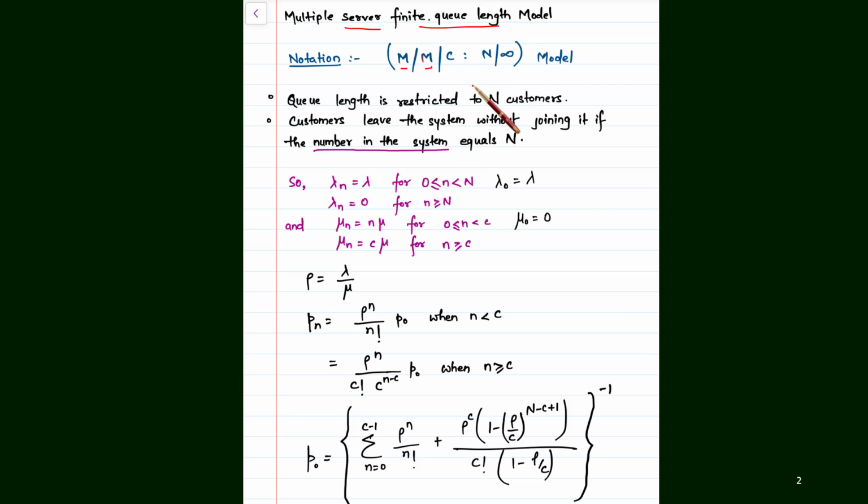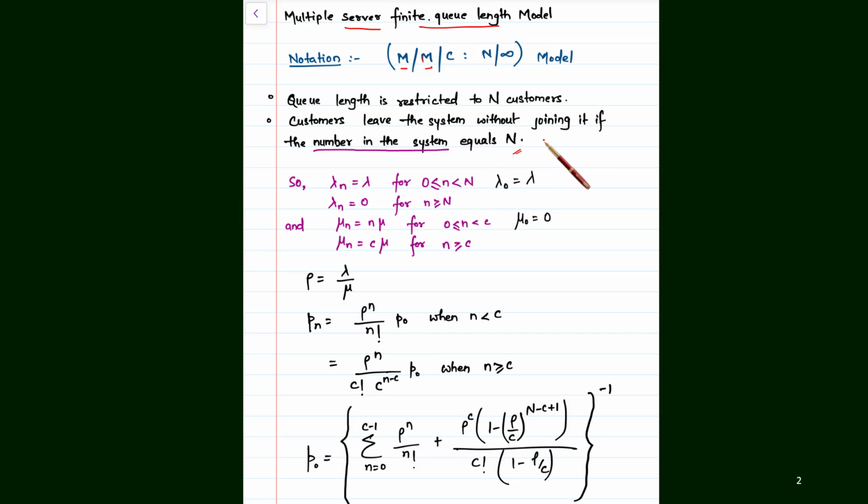N is the number of customers restricted in the queue, and infinite is the population. So here queue length is restricted to N customers. Customers leave the system without joining it if the number in the system equals N.